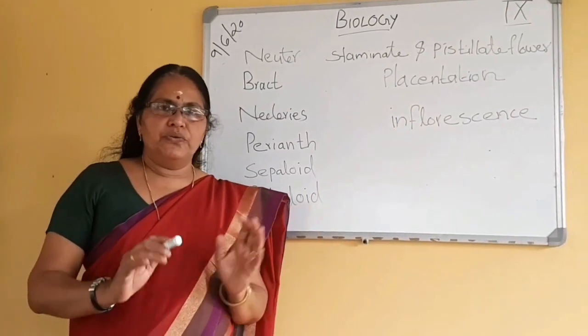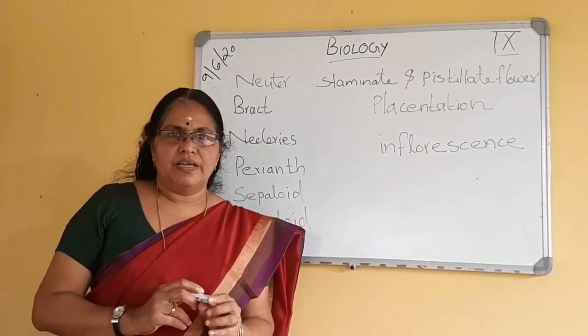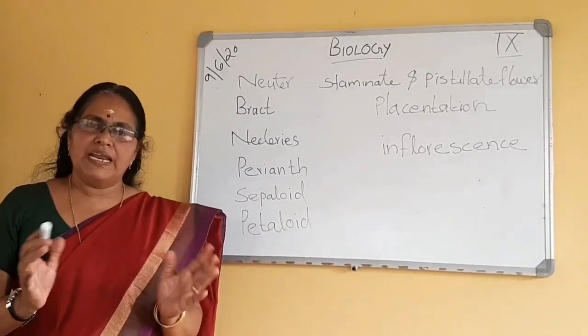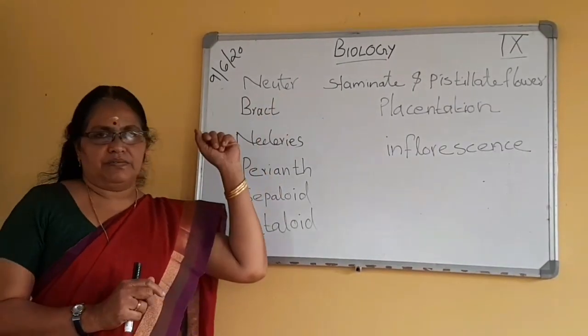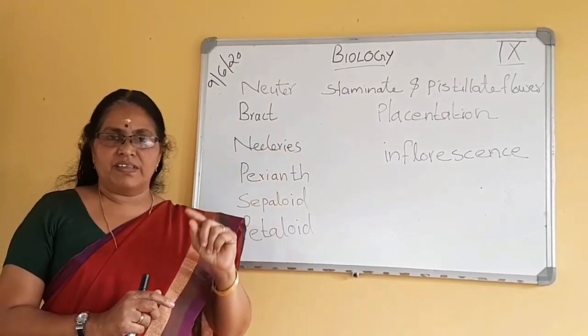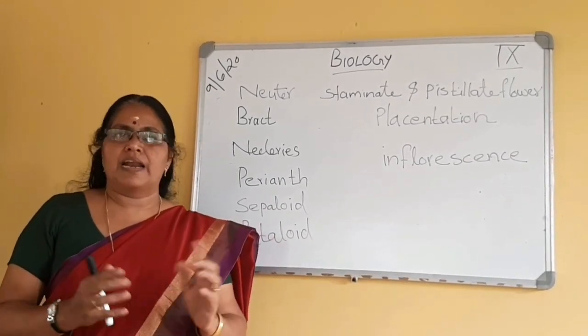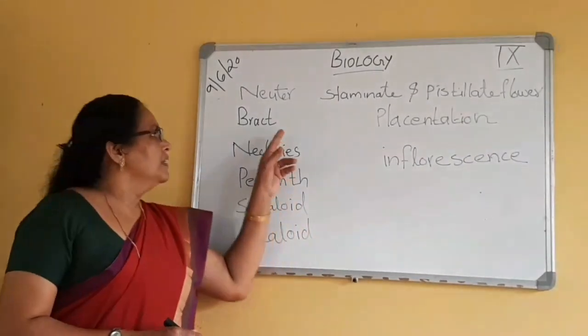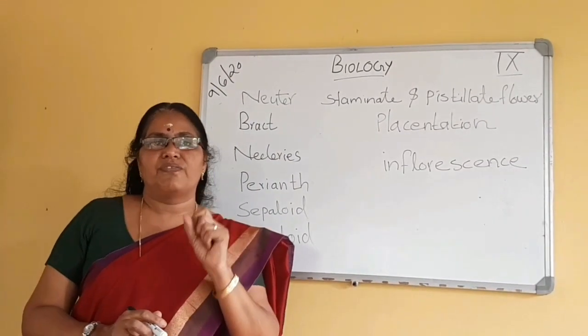So now you know what is a perfect flower. A flower which contains no male and female part, such a flower is called a neuter flower. So a neuter flower is a flower in which both androecium and gynoecium are lacking. For example, ray florets of sunflower.